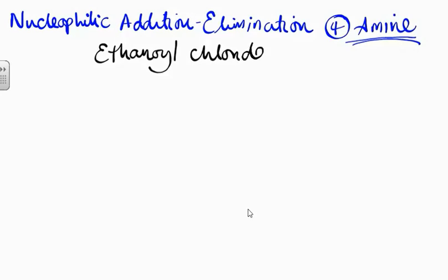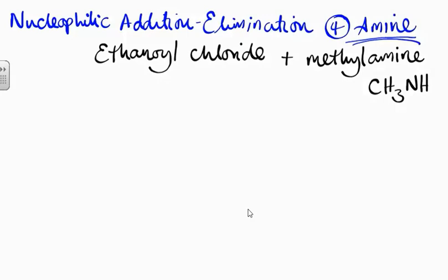First example with ethanoyl chloride and the simplest amine, which is methylamine. So that's just CH3NH2. So let's look through the mechanism for this one.